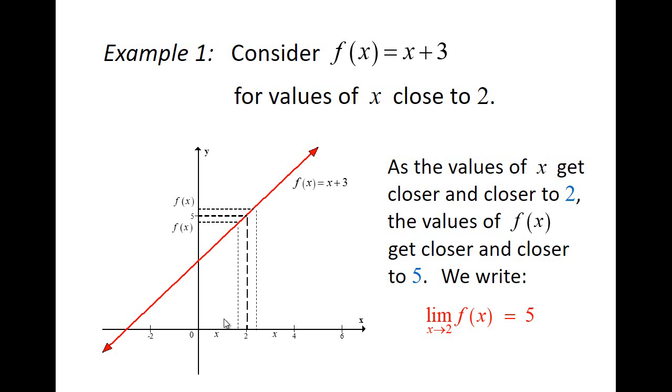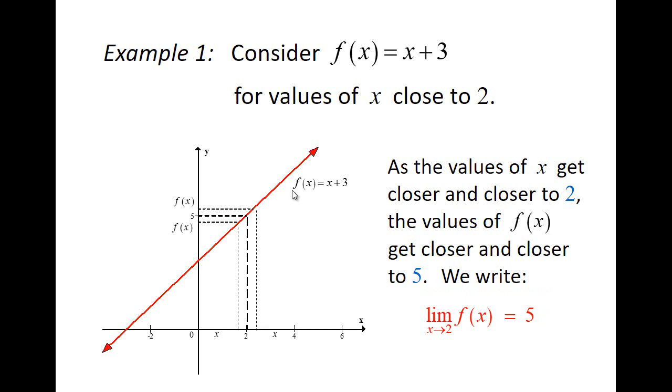Notice that I am not really interested in the value of the function when x is equal to 2. I am interested in the value of the function when x is close to 2 but not equal to 2.